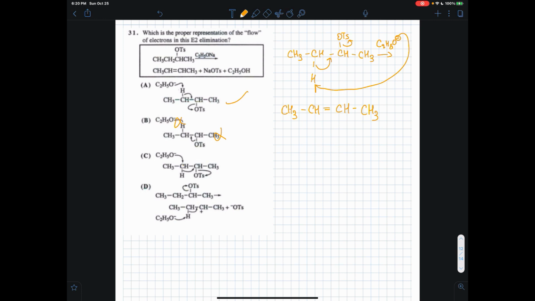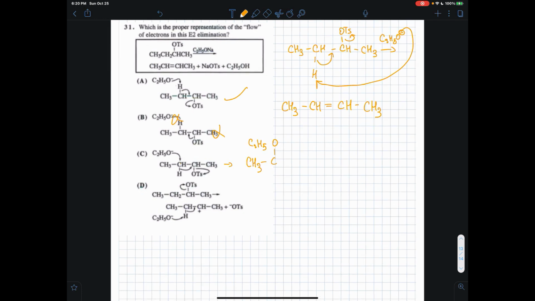I don't know what they're trying to do here, but I would assume the result will look something like this. They're combining an SN2 with an E2 here, or something like that. This is not even possible. You either want to add or eliminate. You cannot add and eliminate at the same time.